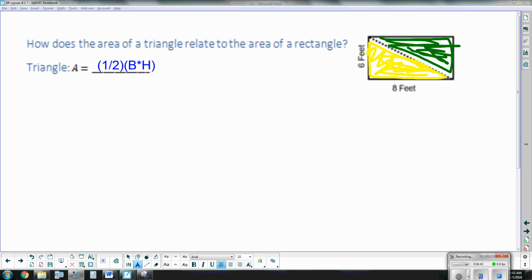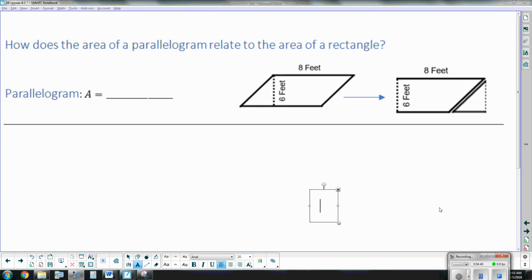Now let's look at another special quadrilateral. How does the area of a parallelogram relate to the area of a rectangle? Well, we have the same measurements. We have 8 feet as a base, and 6 feet as a height.